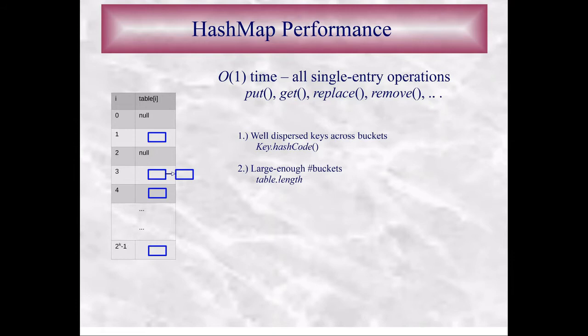This constant time access relies on no collisions, or rather collisions within limits in each specific bucket. There shouldn't be a large number of collisions. And that relies on these two things. We have to have a hash code that distributes the keys evenly across these buckets so that there won't be an indefinite number of collisions in one specific bucket.